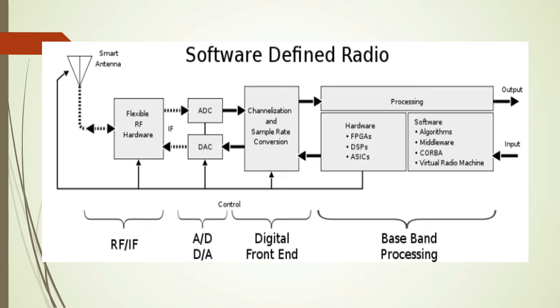This is the RF front end, which is responsible for transmitting and receiving radio signals from the antenna and converting them into an intermediate frequency.